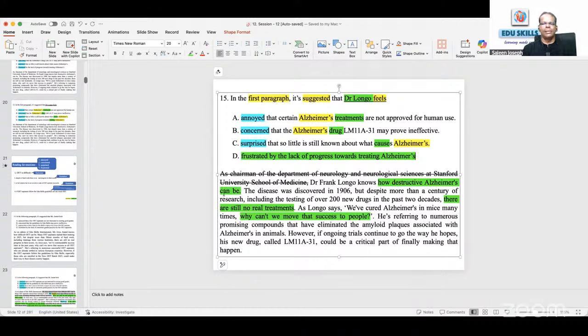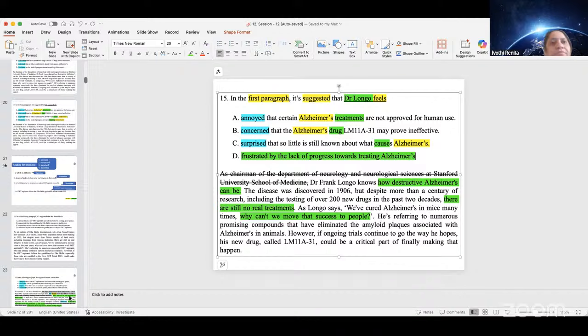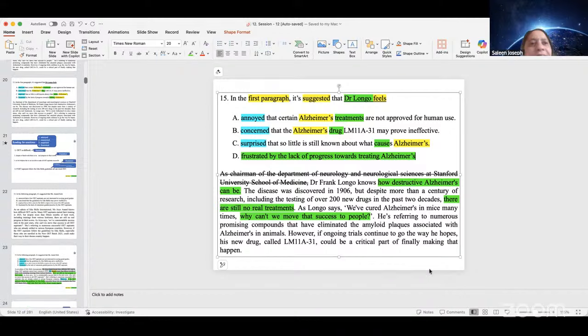That itself says it is frustration. How destructive COVID-19 can be. Frustrated by COVID-19. Okay? Is that clear? Yes. Let's go to the next.